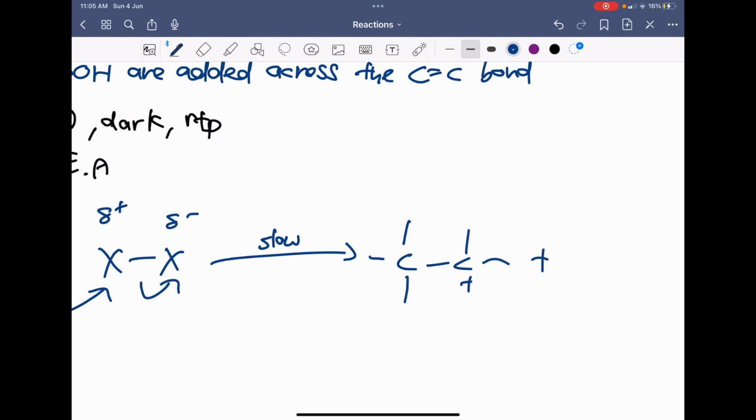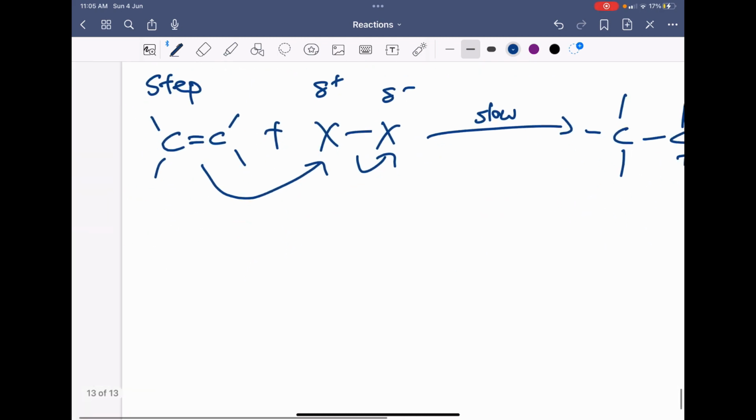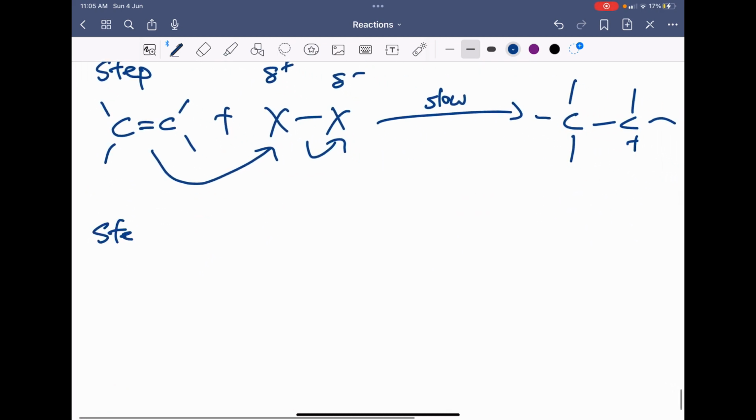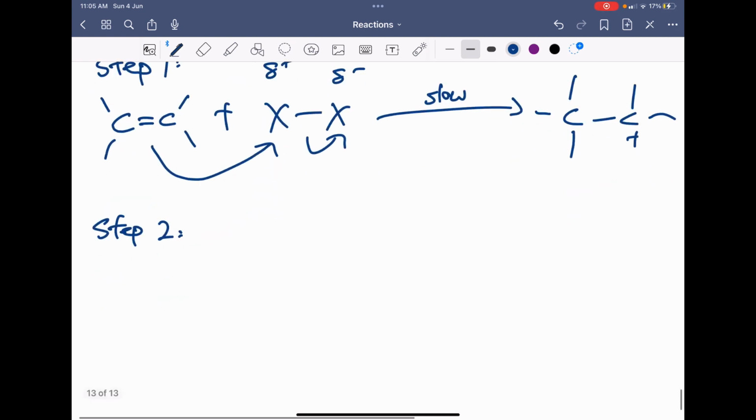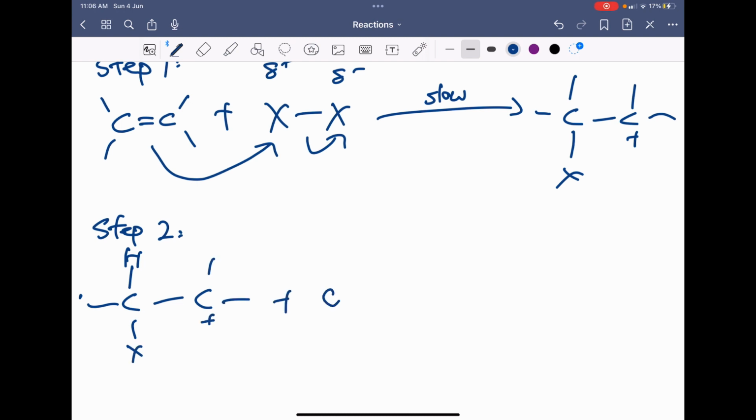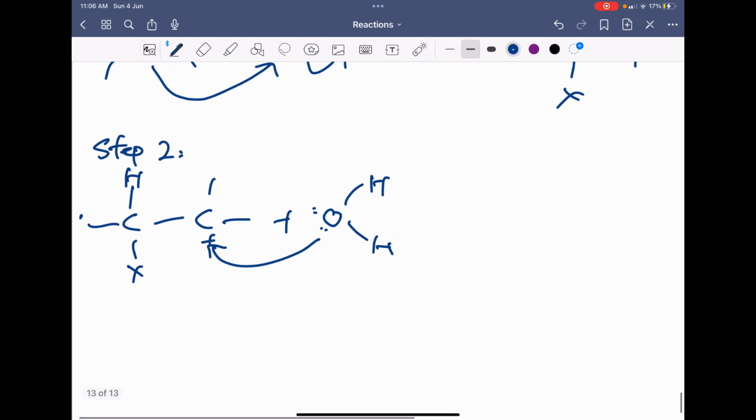With a bromine ion. And then step 2 is where the water comes in. Okay, so step 2 is where our water comes into play. Then you get the nucleophilic attack by the water.